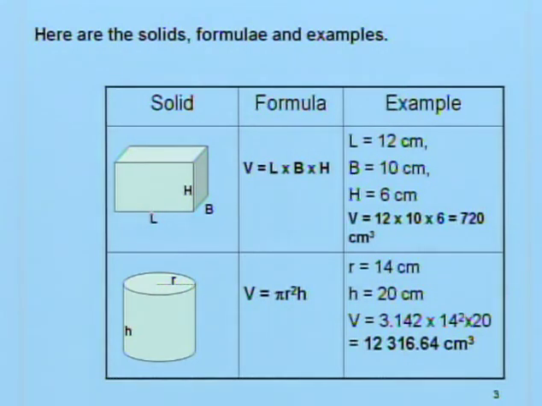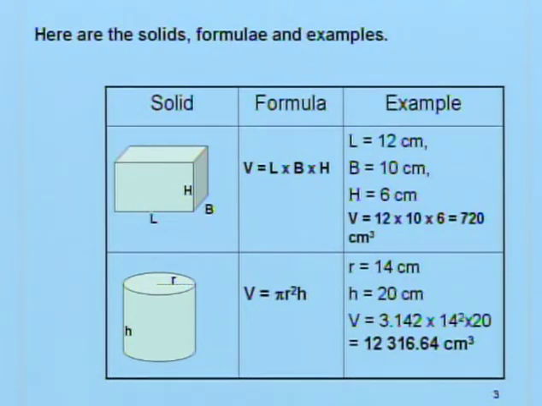That will give us 720 centimeter cube. You need to note that when we measure volume, the unit for measuring volume is cubic unit, and in this case the unit is centimeter, so the volume is measured in centimeter cube.